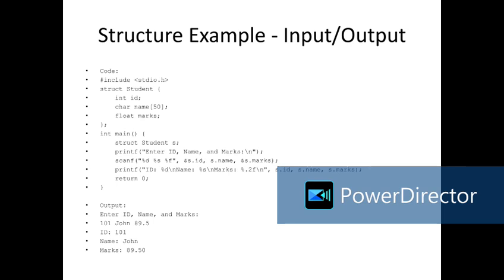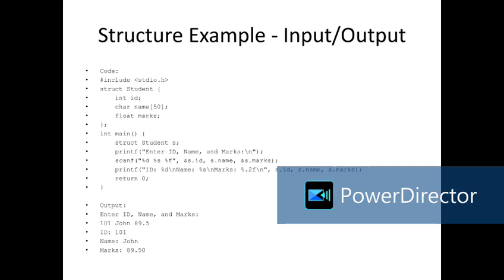In this main function, we declare a variable s of type student. We prompt the user to enter the student ID, name, and marks. The scanf function is used to take input from the user. Note that we use the address-of operator for each field except for the name array, which is already a pointer.